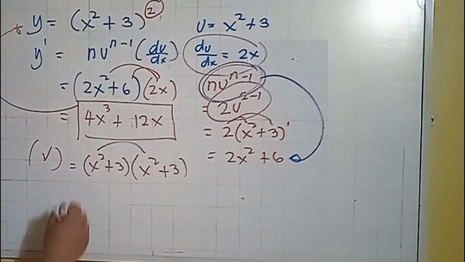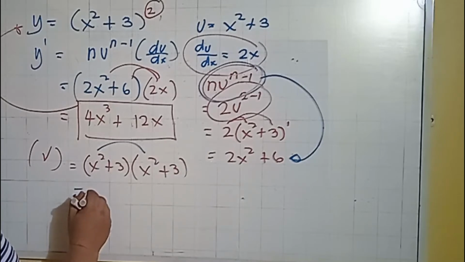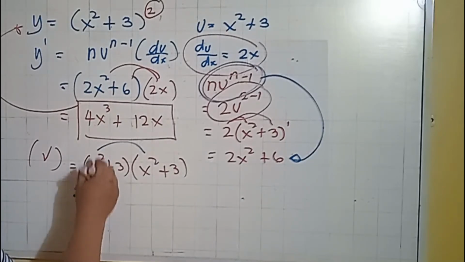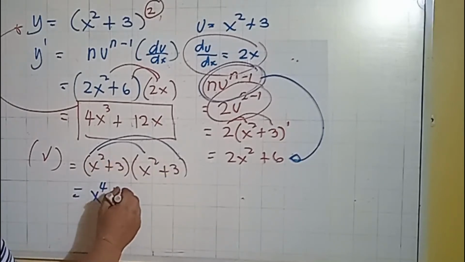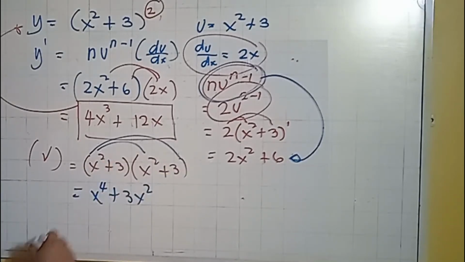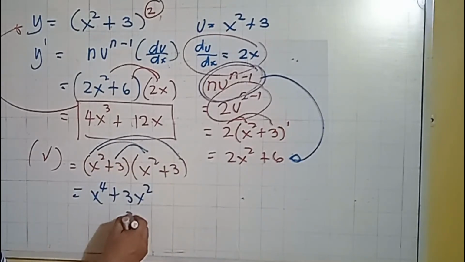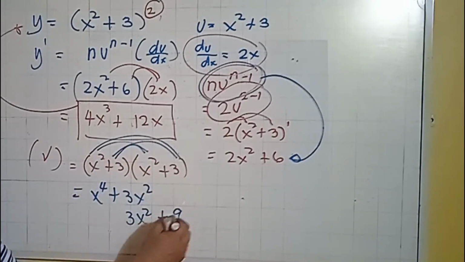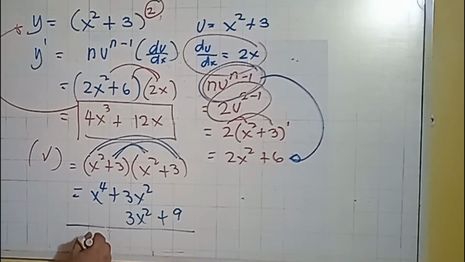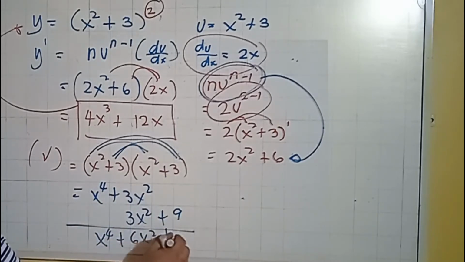X squared multiplied by x squared is equals to x raised to 4, and then x squared times 3 is plus 3x squared, and then 3 times the x squared, you have 3x squared, and then 3 times 3 plus 9, and then you add, bring down x raised to 4, 3x squared plus 3x squared, we have 6x squared plus 9.